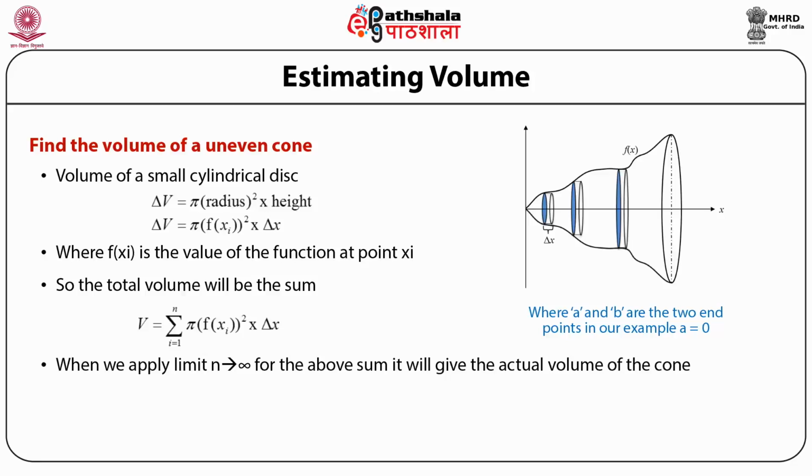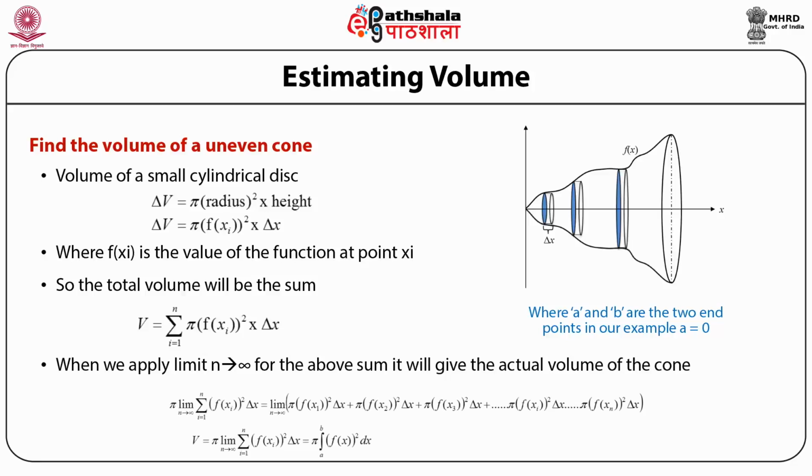So when you apply the limit n tends to infinity of pi times the sum from i equal to 1 to n of f of xi whole squared into del x, then you can write the same equation that we got earlier. Then we see that volume V is equal to pi into the integral from a to b of f of x squared dx, where a and b are the two endpoints in our example.